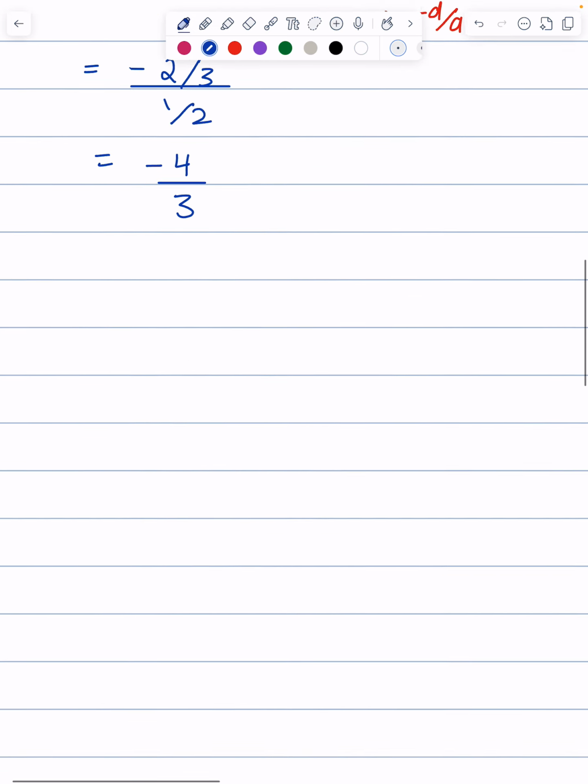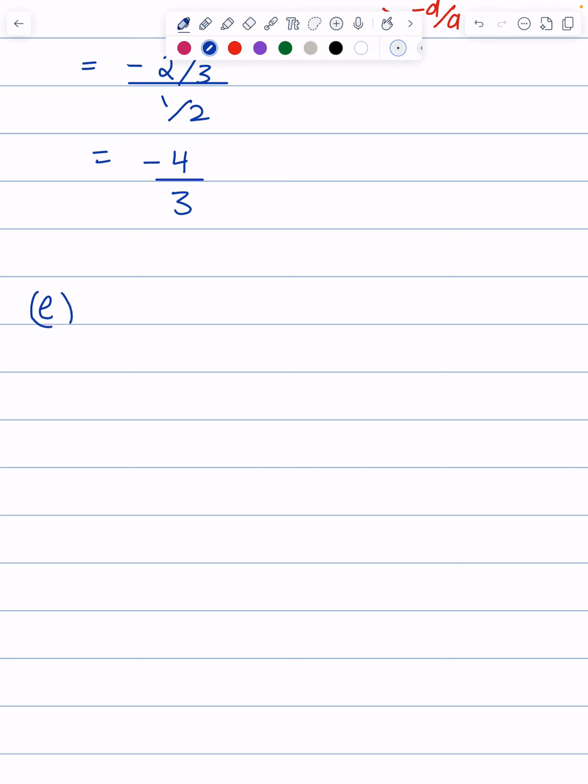My next example is E, and what I have here is 1 over alpha beta plus 1 over beta gamma plus 1 over gamma alpha. I'm going to do something similar. I'm going to start by finding a common denominator.